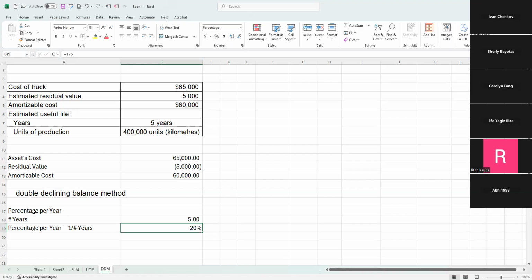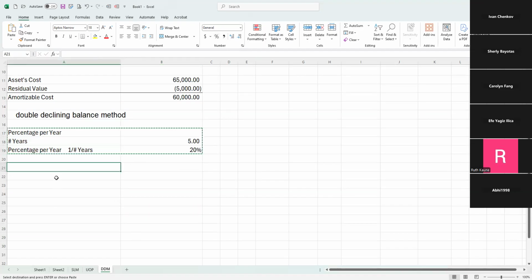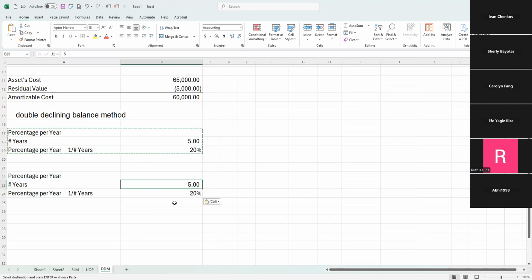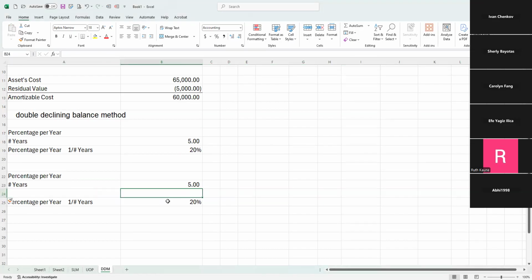What if I use my asset for 6 years? Let's put it as a formula because I don't want to plug all the things. That will be 1, and that will be equal here, this one divided by this one.